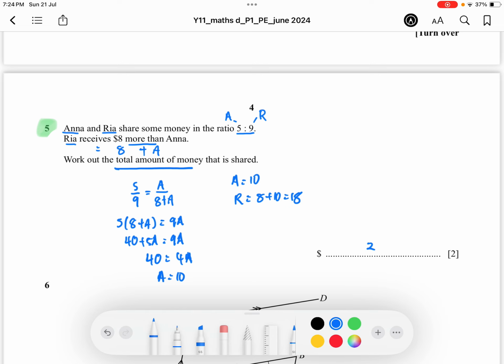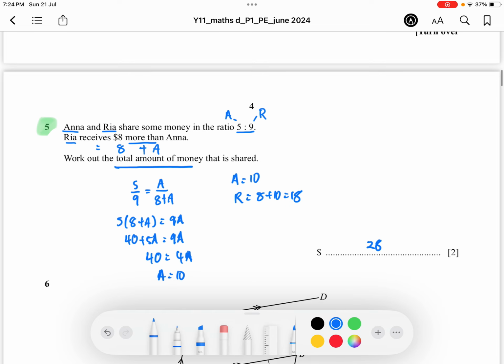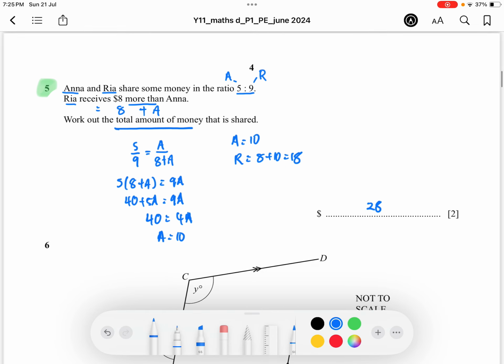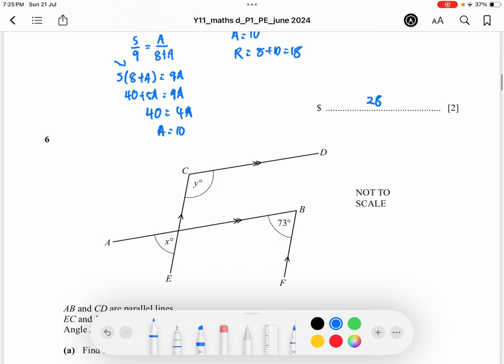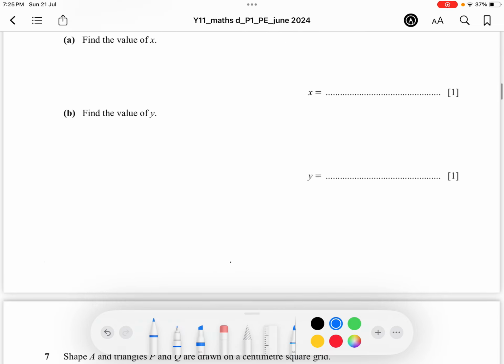That means the total is 28. Now the most common mistake students made on this one is this part, not writing the bracket. So the mistake would be multiplying 5 by 8 instead of multiplying 5 by 8 and 5 by A as well. So using the bracket really helps you to define which one you need to multiply with.